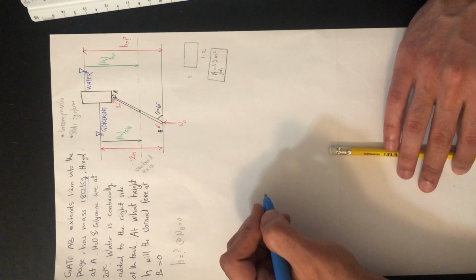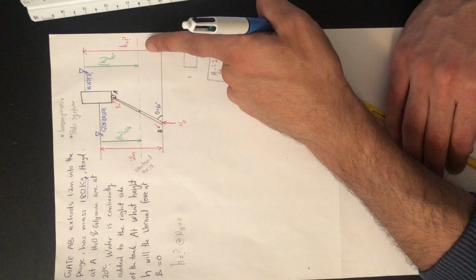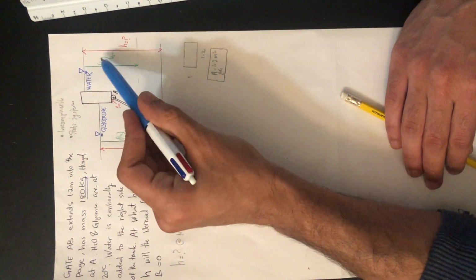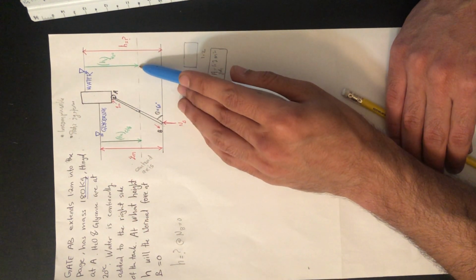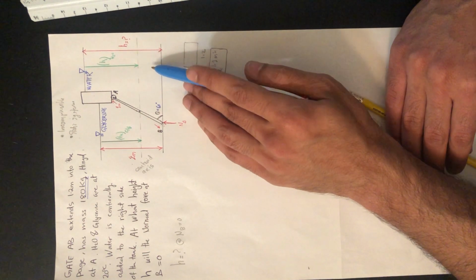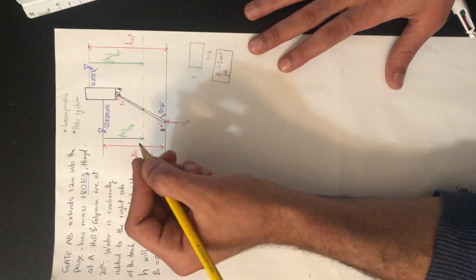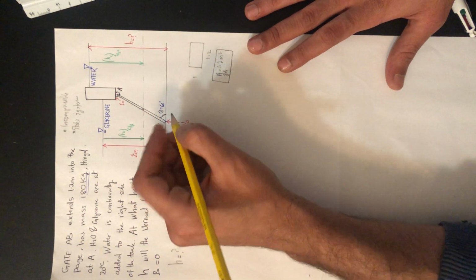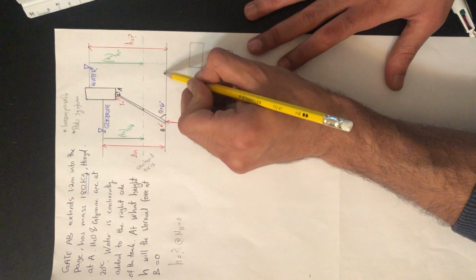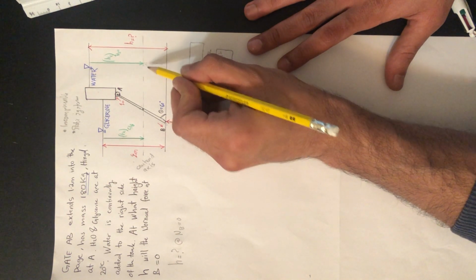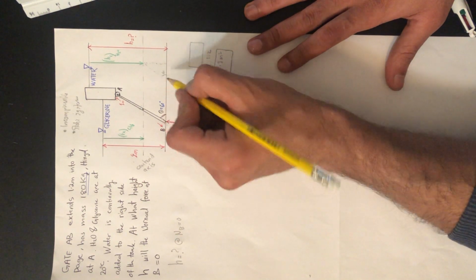Now we do know that our H value is nothing but HC plus this distance, and this distance right here we can find out because we do have the angle theta.